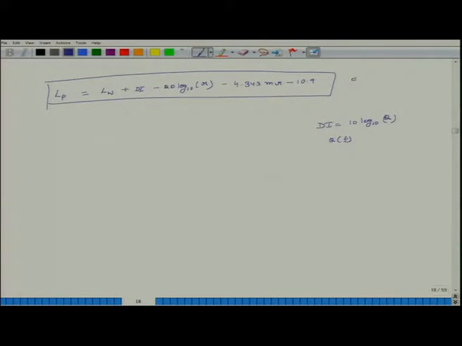So, this is in decibels. We had defined the directivity index DI as 10 log 10 of Q, and please note that Q is a function of frequency, so it can change with different frequencies.